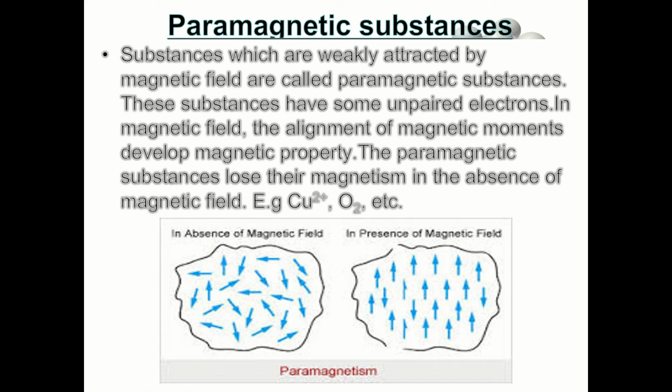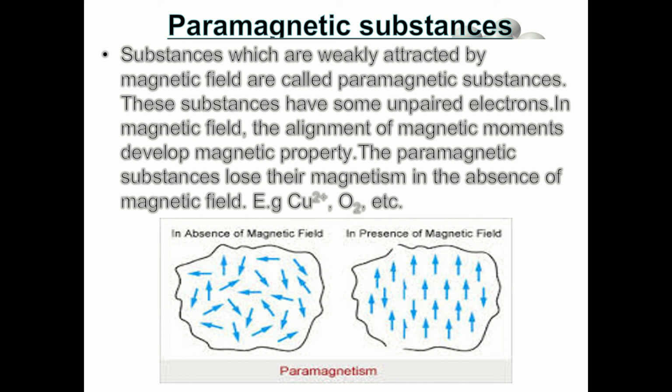The second kind of solid is the paramagnetic solid or paramagnetic substances. Those substances which are weakly attracted by the external magnetic field are called paramagnetic substances. These substances have some unpaired electrons, and in the magnetic field, the alignment of the magnetic moments of these electrons develops a magnetic property.